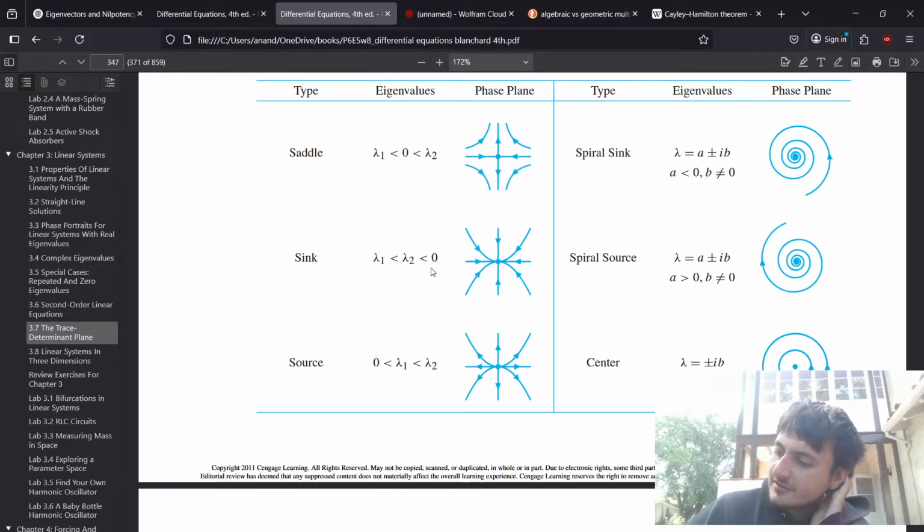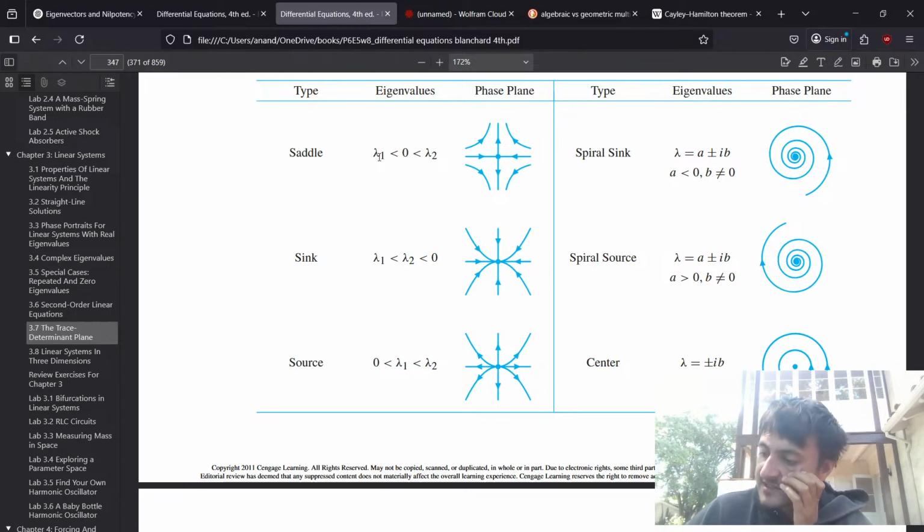All right, saddle is this one. Lambda 1 is less than 0, and then lambda 2 is greater than 0. A sink is lambda 1 is less than lambda 2 is less than 0. A source is 0 is less than lambda 1 is less than lambda 2.